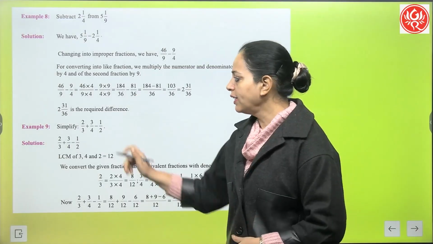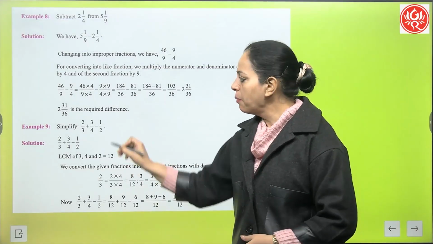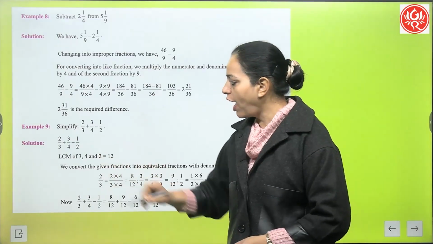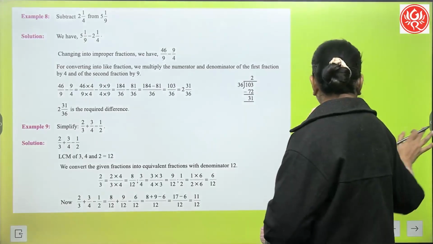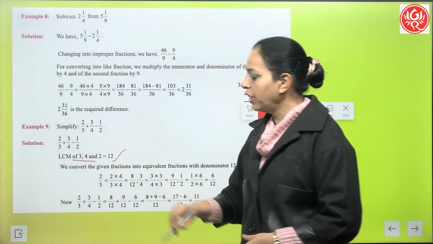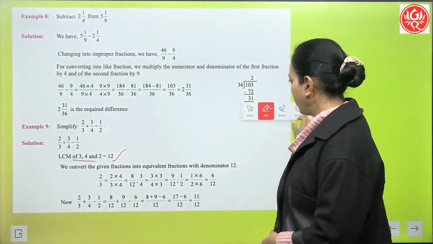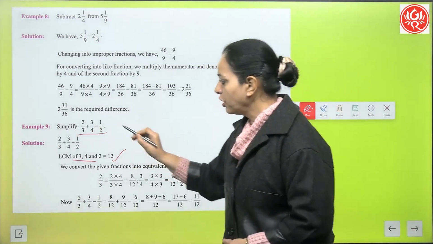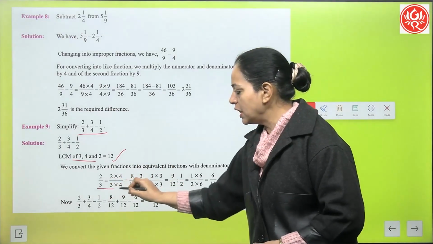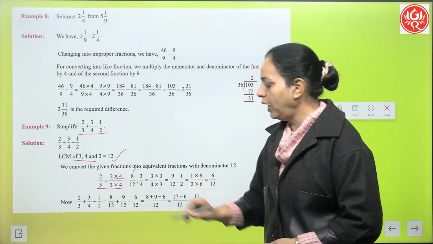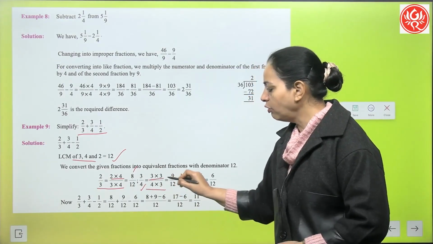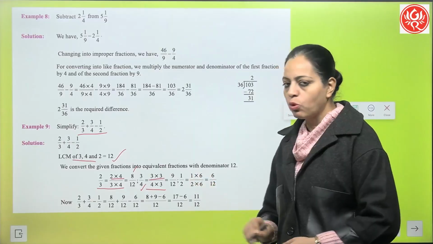Now example 9, simplify 2/3 plus 3/4 minus 1/2. Now we have three fractions, these are unlike fractions, so what to do, take the LCM of denominators, it is 12. Now we will change the denominators into 12. So 2/3 means 3 into 4, 2 into 4, 8/12. 3/4 means 4 into 3, 3 into 3, 9/12.